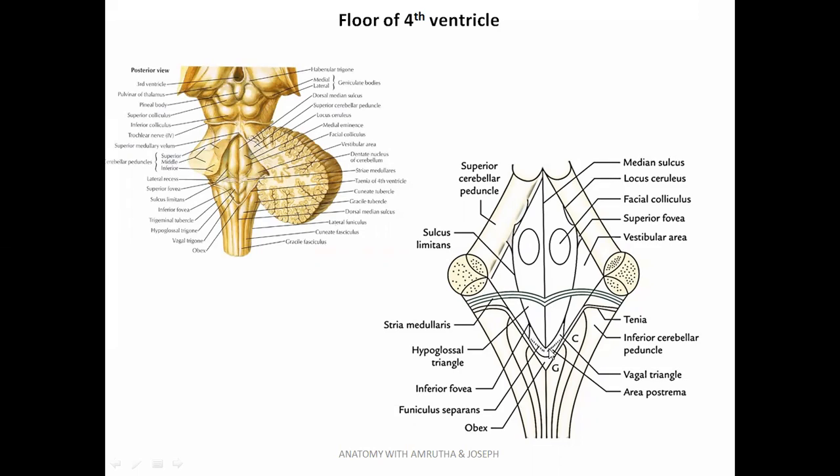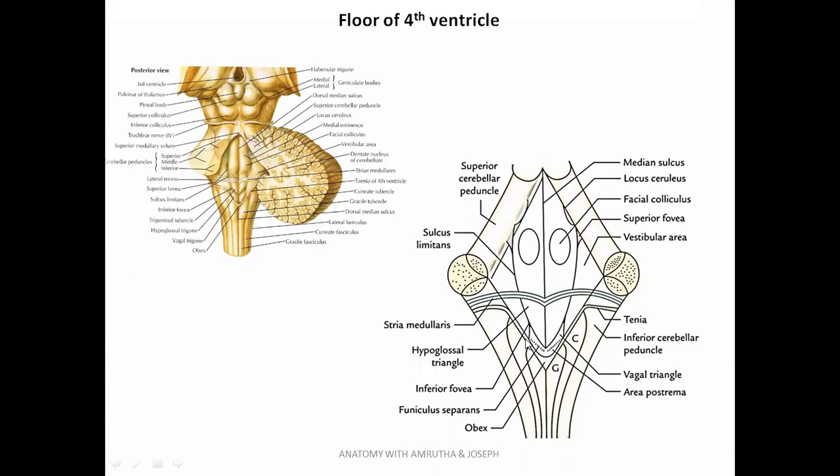Now, if you look at the lower aspect, you can see that there's a line extending from the sulcus limitans that goes and attaches to the inferior cerebellar peduncle. Similarly here. And from there, another line extends downwards from both sides.